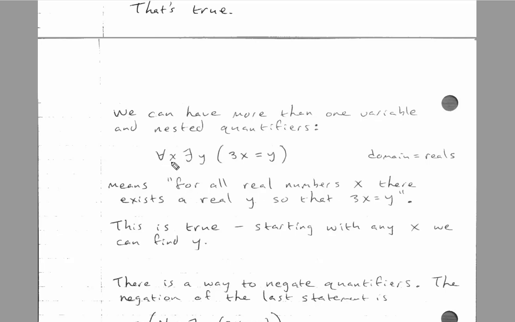Is that true? For example, if x is 7, then 3 times 7 is 21, so there exists a y, namely 21. So this is true. It doesn't matter what x is: if you multiply by 3, you get another number, and that's what y should be.